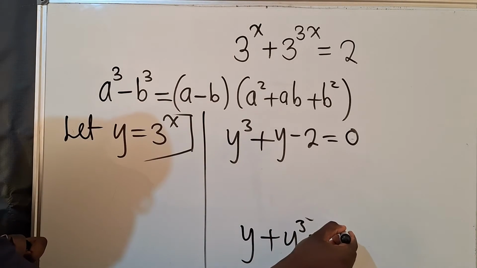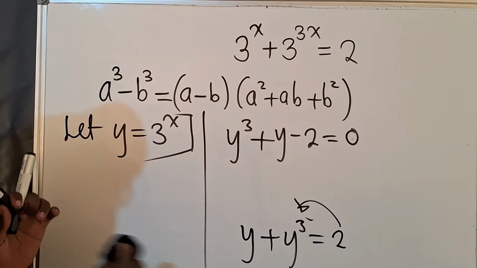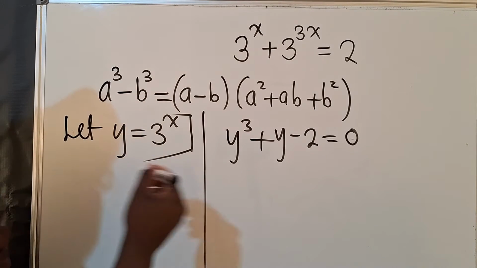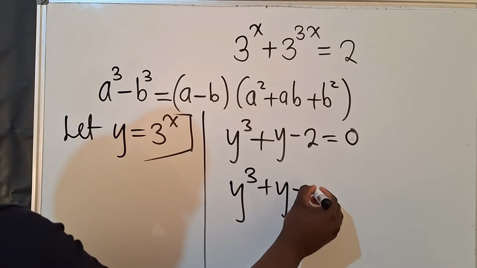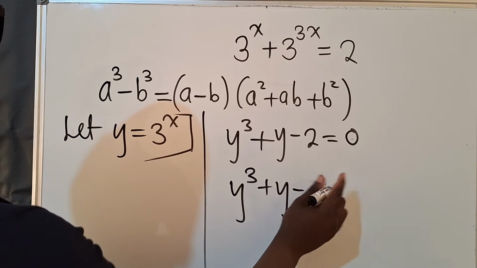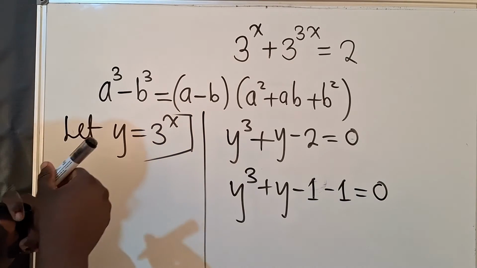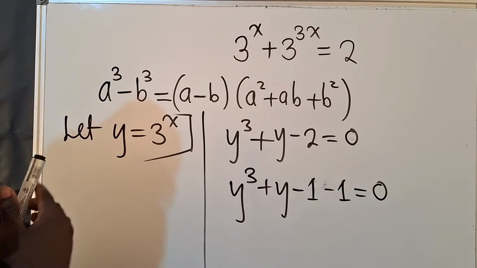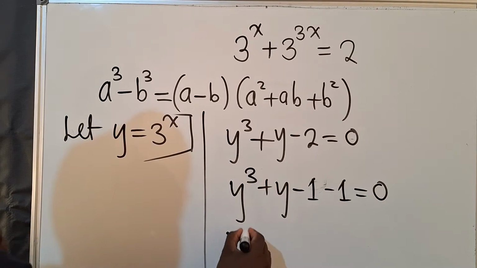I've just gotten this. Come this side, it's now minus 2. And from this point, of course, we can say y power 3 plus y minus 1, minus 1 is equal to 0. So I've just separated this. I know minus 1 minus 1 will give me minus 2.